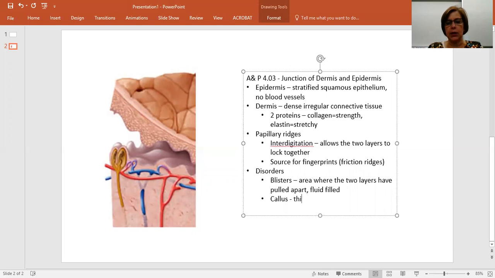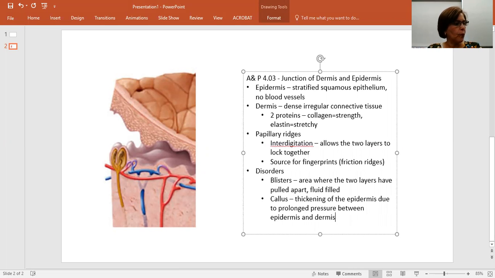So a callus is a thickening of the epidermis due to prolonged pressure between the epidermis and dermis. So in a sense, it is the result of the papillary ridges.